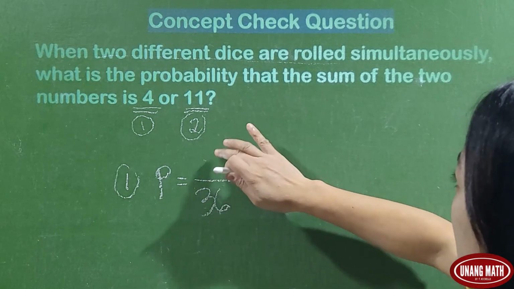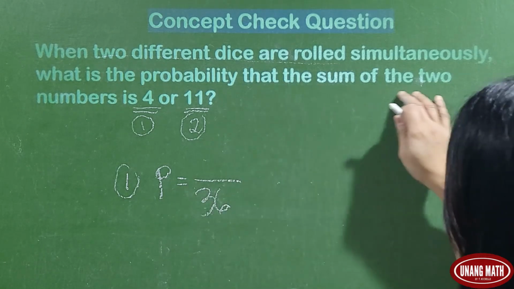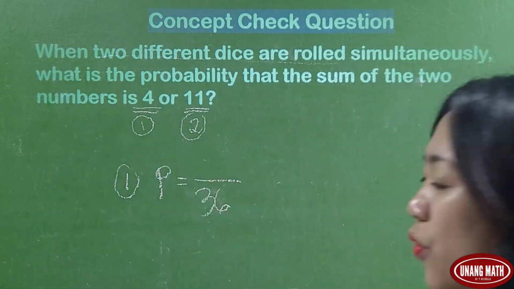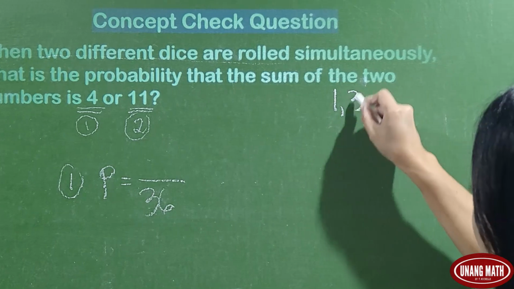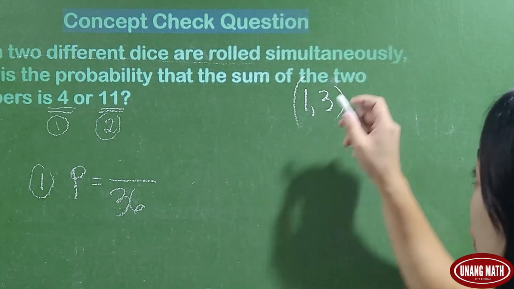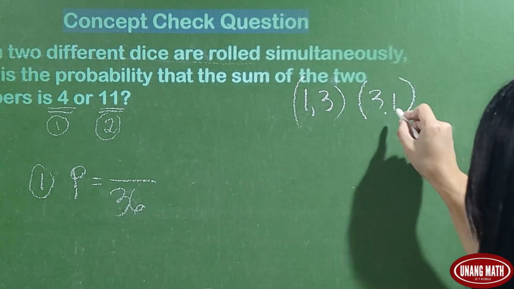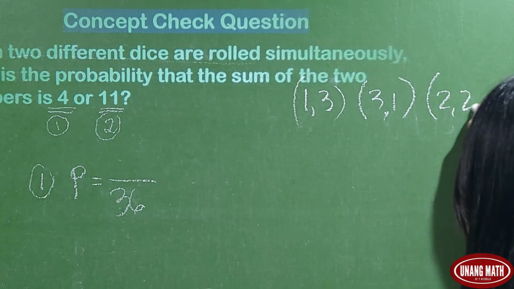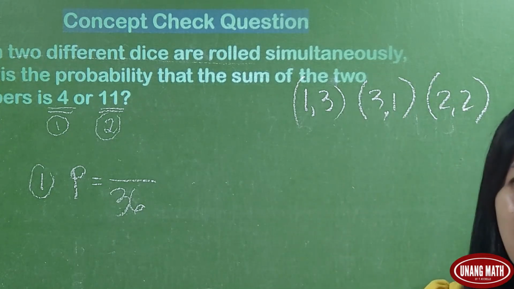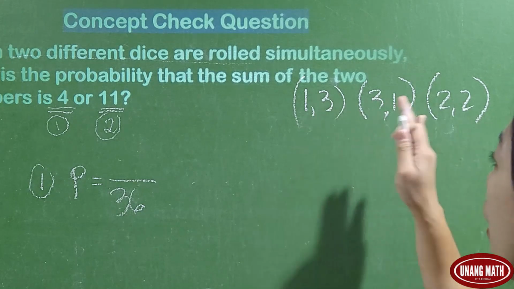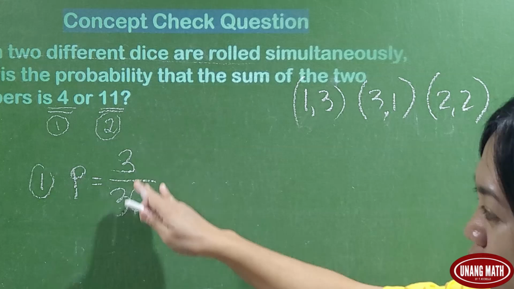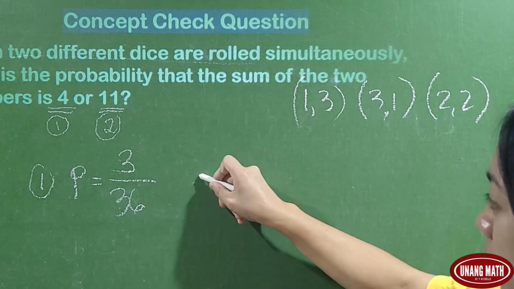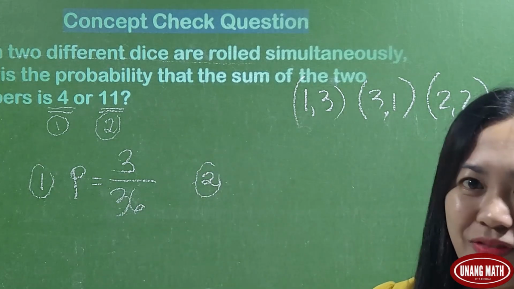For the favorable outcomes, the sum of the two numbers is 4. So we have 1 and 3, 3 and 1, and also 2 and 2. Other than these, no more. So we have 3 favorable outcomes, and this is 3 over 36, the probability of our first event.